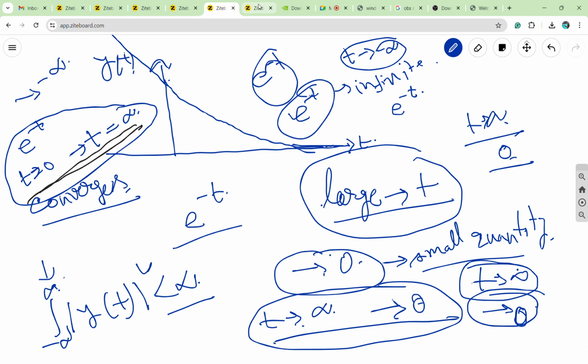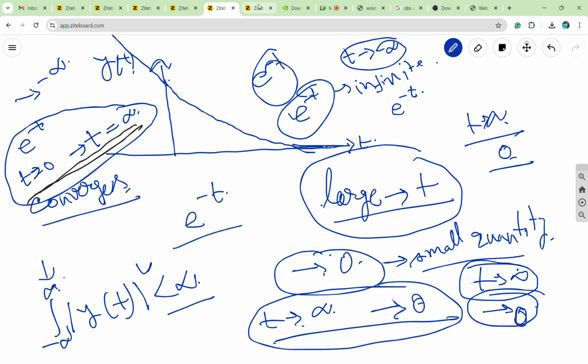So when t tends to infinity, not minus infinity, the signal is actually convergent, right? So e raised to minus t, from t equal to 0 to infinite, on the positive side, it is converging. Yes, on the positive side it is converging, but you have to say that the signal exists from t equals 0 to t equals infinite.